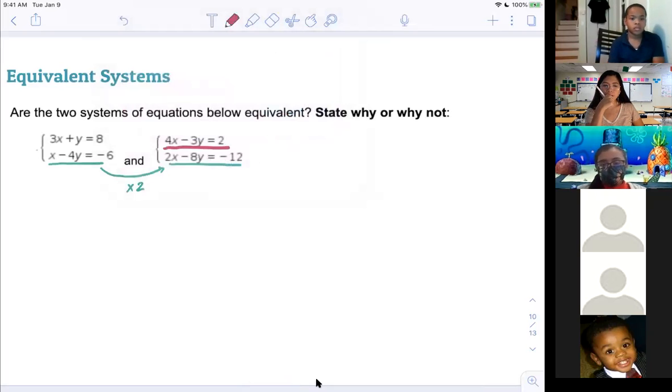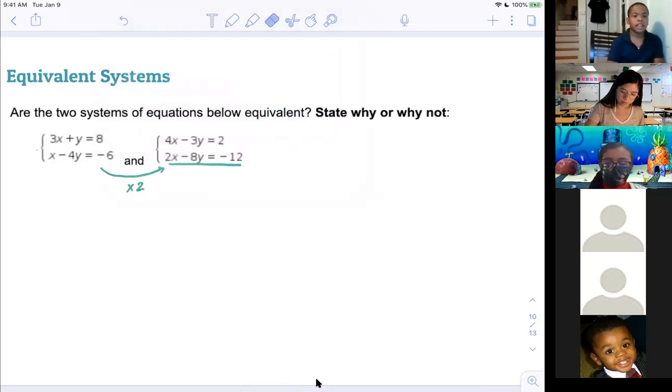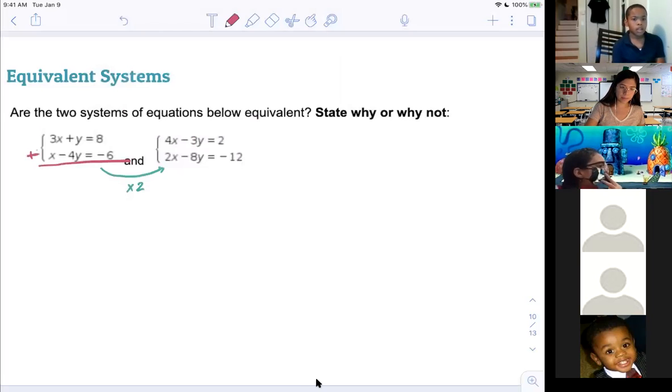Interesting. Let's take a look. Wouldn't you have to add the same number for all of them? No, adding is when you take the whole first system and add it together. If I added that whole system, you wouldn't get the same top, but watch what happens. I have 3x plus x, that's 4x.